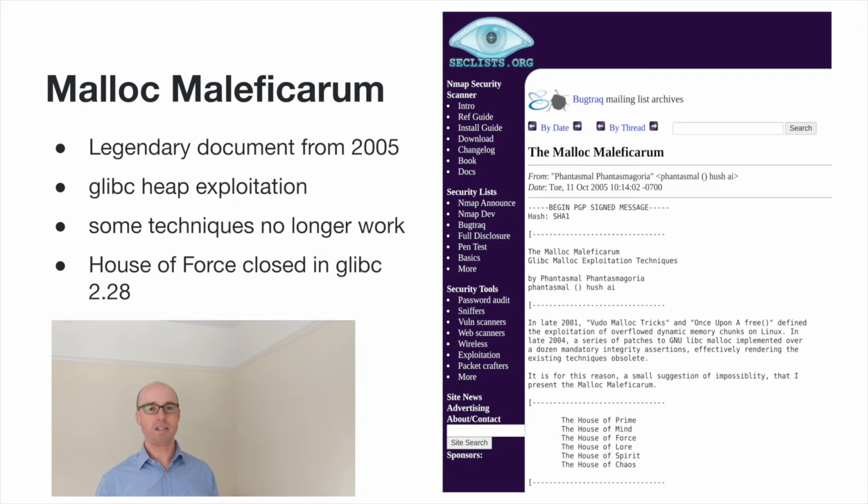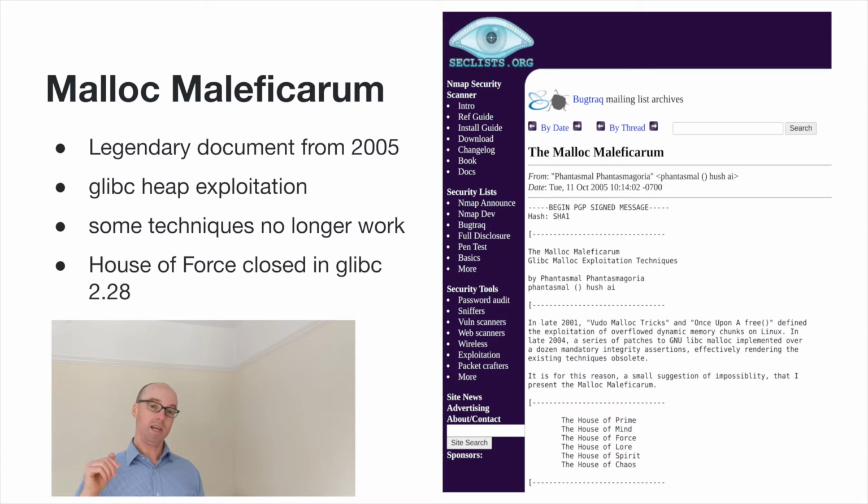Unfortunately, some of these techniques no longer work. Over the years, checks have been added to the malloc implementation to prevent some of these techniques from working. And that's the reason for the title of my talk, because unfortunately the house of force is no longer going to be a viable technique from glibc version 2.28 onwards.